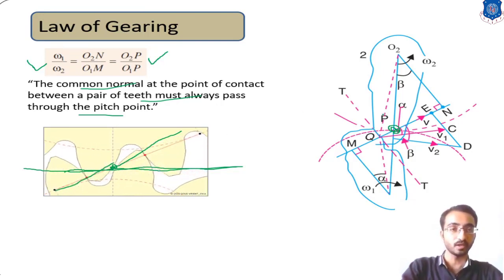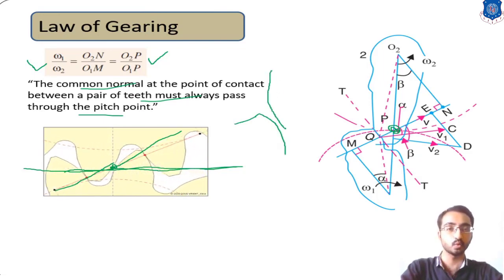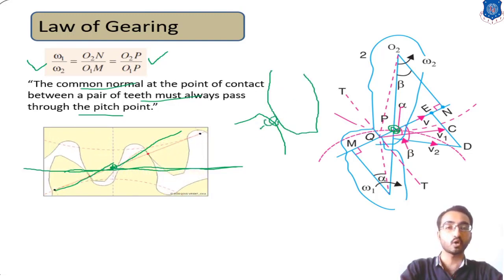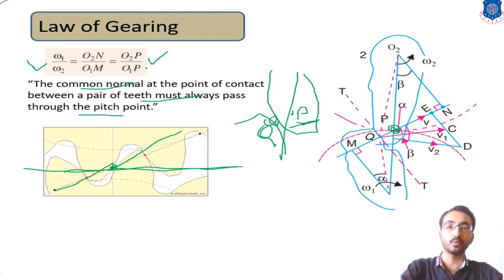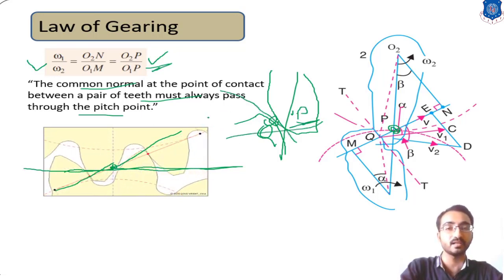So if you want to design the profile of a gear, and you first choose an arbitrary shape for gear 1, then the shape of gear 2 must be designed in such a way that its contact point Q transfers the point P so that P remains constant, and its common normal and common tangent pass through this pitch point.